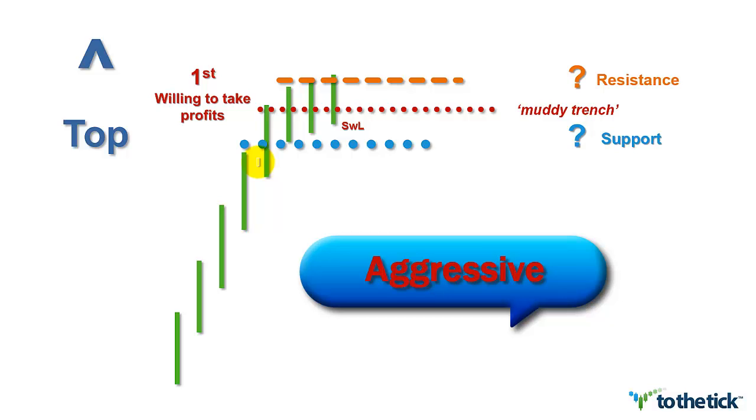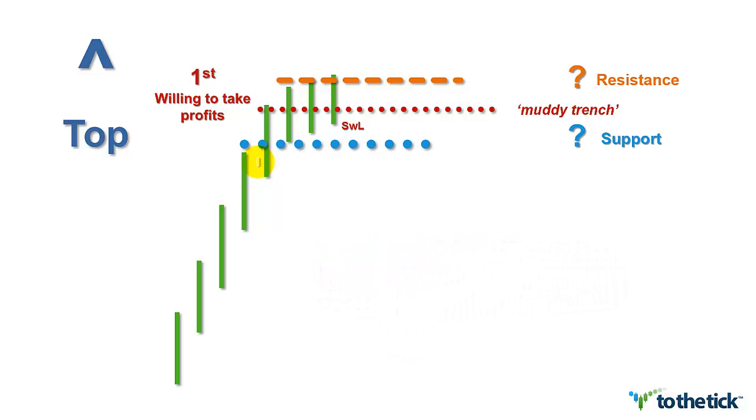To look for a reversal, we must see something change in our pattern. The first thing we notice is that somebody is willing to start coming out and take some profits, because the angle of that rapid, steep ascent, which was running in a very tight channel, has changed.